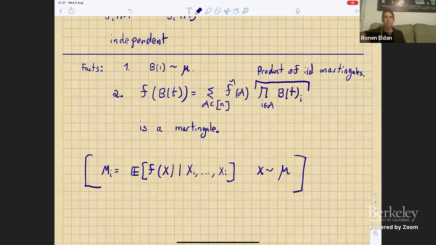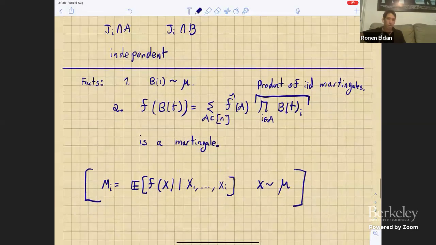You sample coordinates one by one. Your time axis is this coordinate sampling, and you consider the martingale with this coordinate filtration. What we do here is we also introduce a time axis, but instead of sampling coordinates one by one, we sample all the coordinates together, only we add the randomness infinitesimally in some sense.